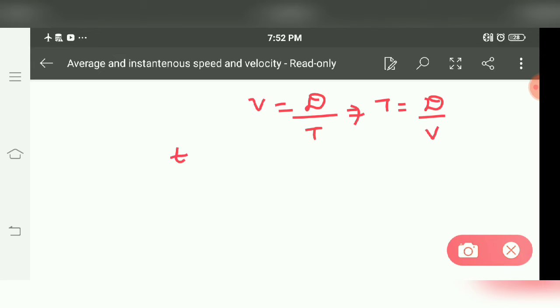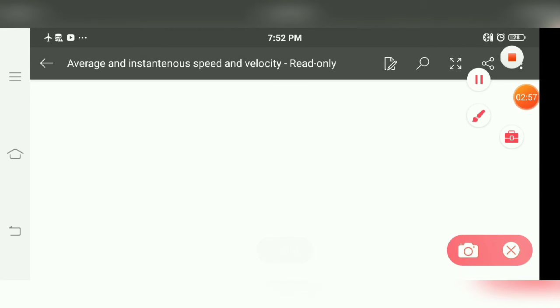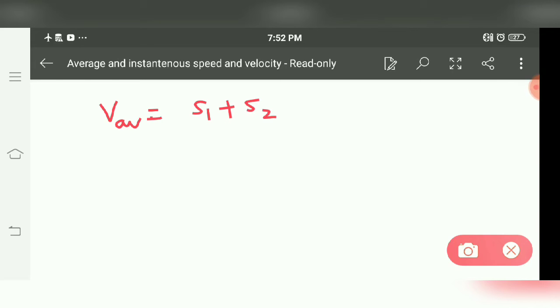So t1 is s1 by v1 and t2 is s2 by v2. By substituting, we get average velocity or speed equal to s1 plus s2 upon s1 by v1 plus s2 by v2.